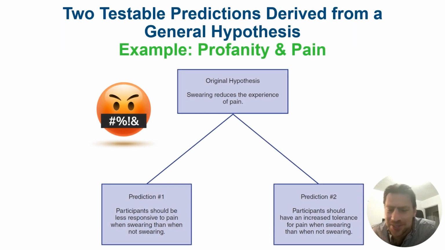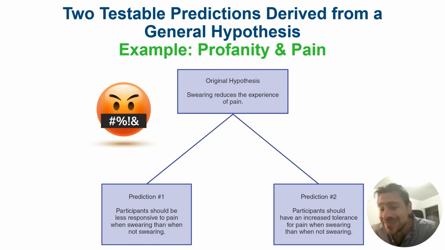So then, sticking with our example of pain and profanity, if the original hypothesis was that profanity changes the experience of pain, perhaps by reducing its severity, then maybe one prediction that we can make from this hypothesis is that people should be less responsive to pain when swearing than when not swearing.